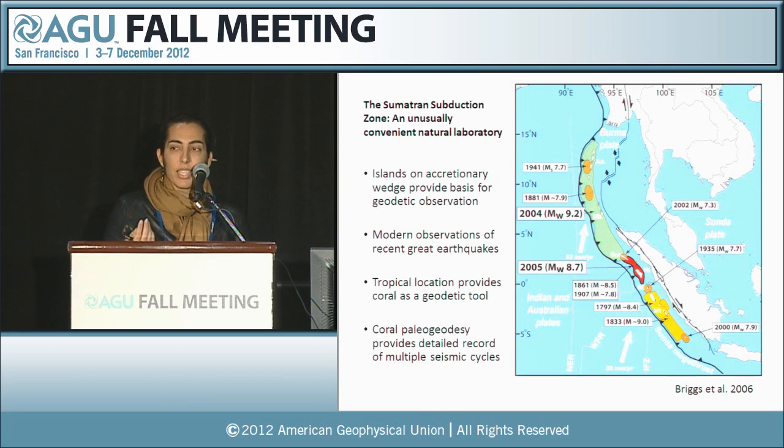Because coral records can be preserved for hundreds or even thousands of years, this provides very detailed data about multiple seismic cycles. Whereas in most subduction zones in the world, those detailed observations would be limited to modern cases, modern earthquakes, which occurred during the instrumental period.